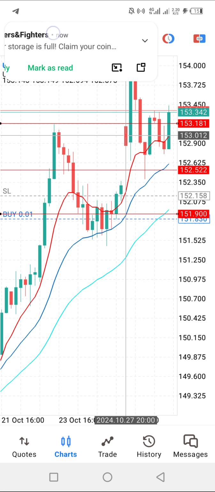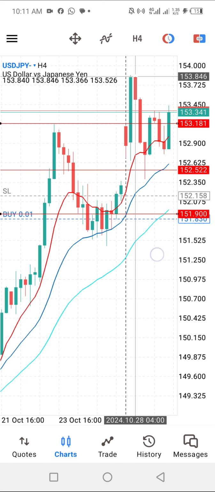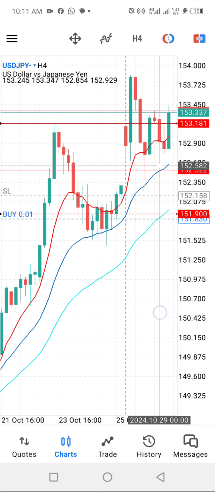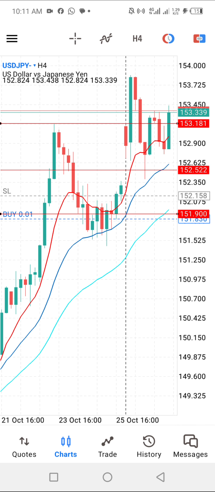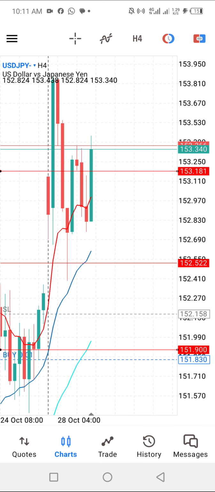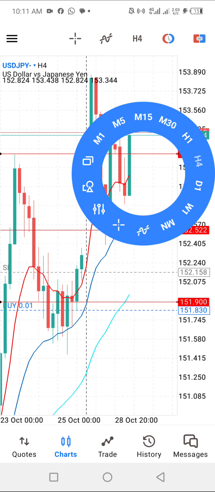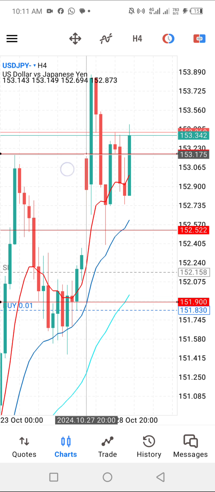So it gapped upwards and then continued up, but I said before New York it was going to retrace back towards that gap, and I placed two horizontal lines. The first one you are seeing is the 68% Fibonacci retracement level.